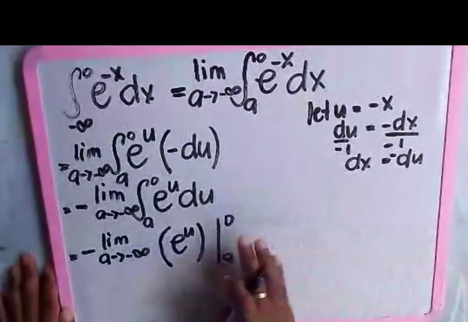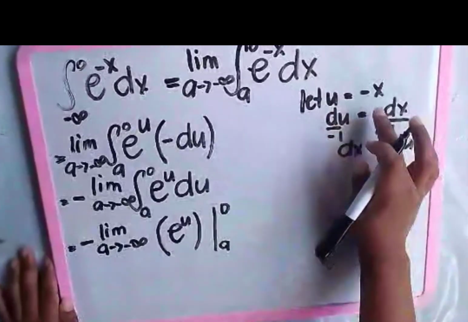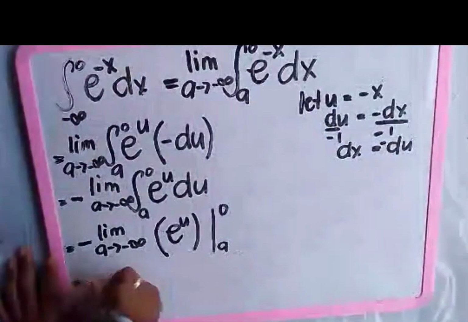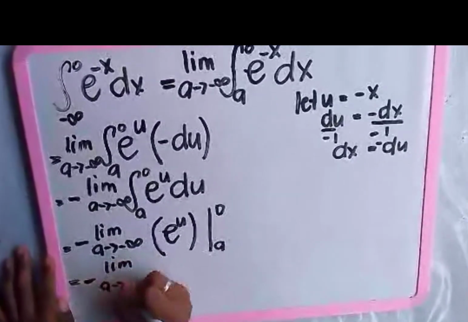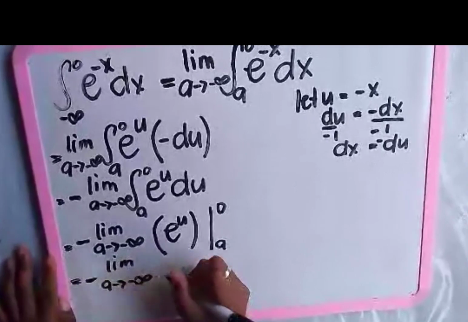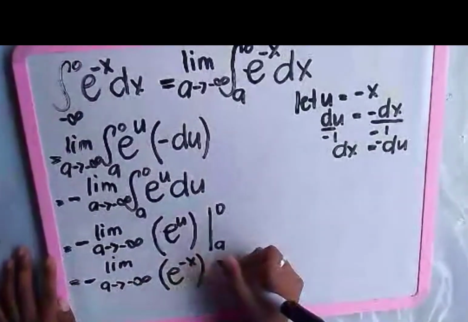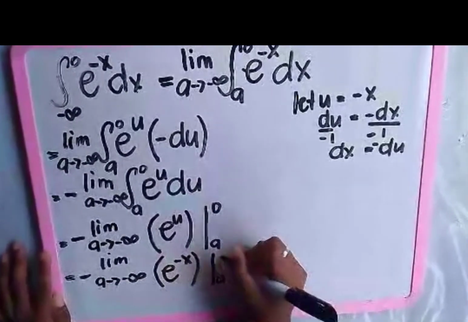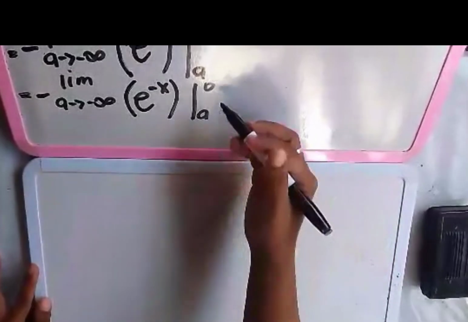And then, let us substitute the value of u, which is negative x. So, we have the negative limit as a approaches negative infinity of e raised to negative x from a to 0. And then, substitute the given limit.